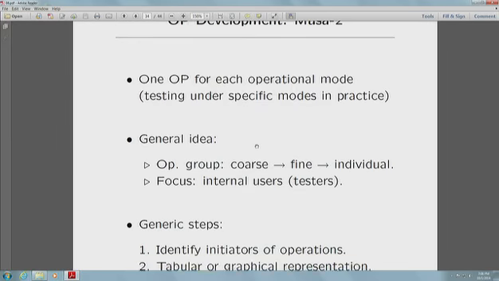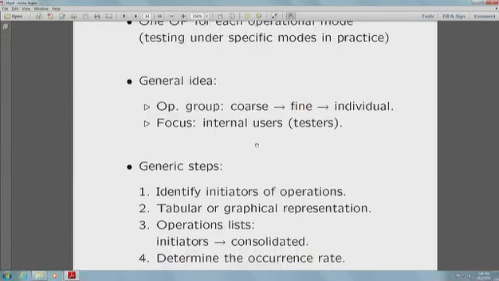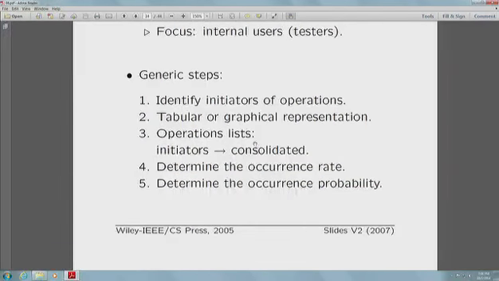And then the idea here is to try to get some individual steps that can help you get the final operational profile by looking at the different elements involved in developing such an operational profile. So the first step is to look at who are the initiators of operations.